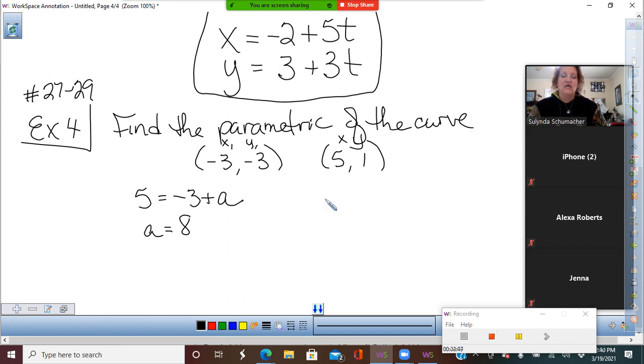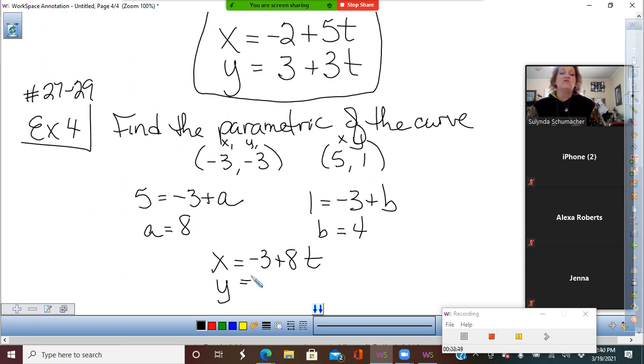Doing my y equation, I have y equals my y1 plus b. Adding this over, b equals 4. So my equations are x equals x1 plus at, and y equals y1 plus bt.